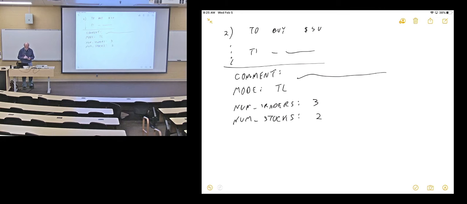So the order looks like 0, sell by trader 1, stock 0, for $100, and number, that's the quantity, 44. Okay, so let's talk about reading input. When you start, these first 4 lines are always going to be the same.